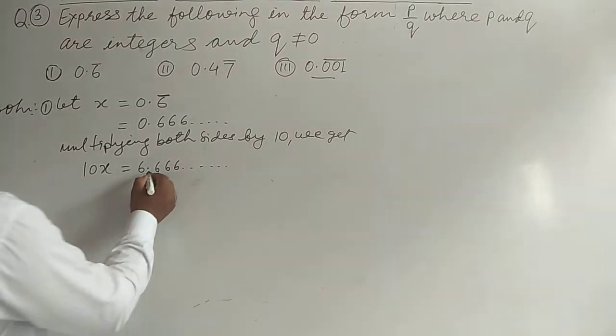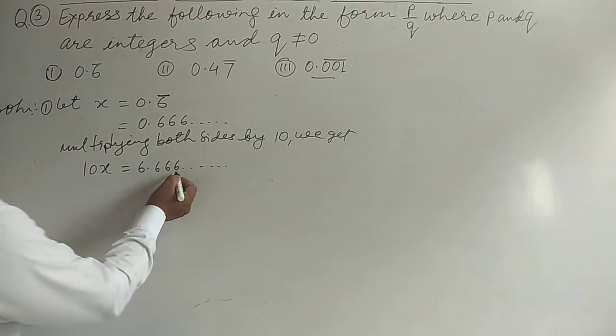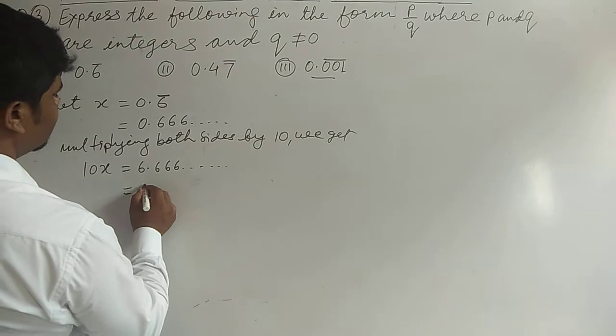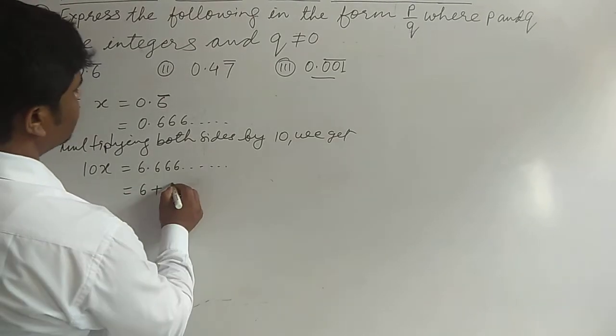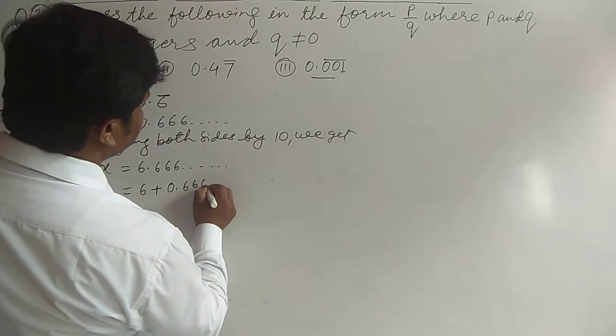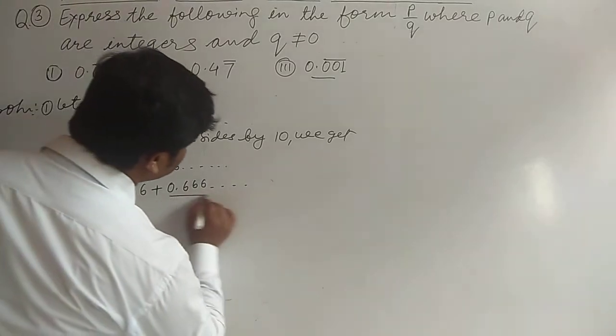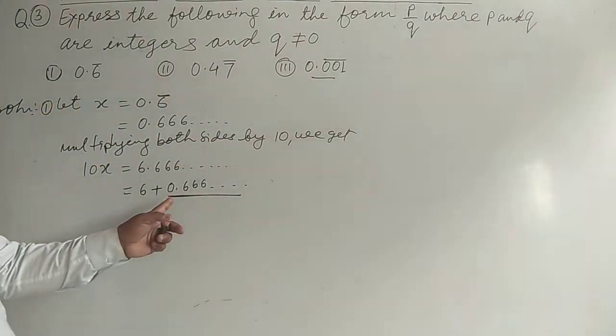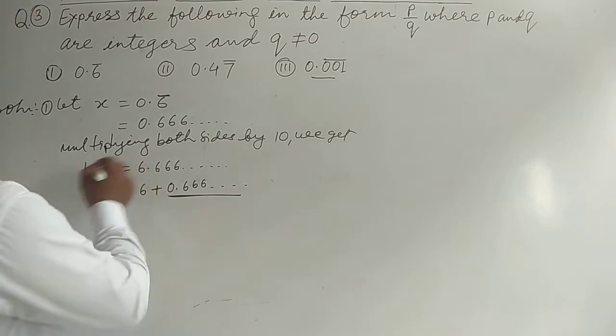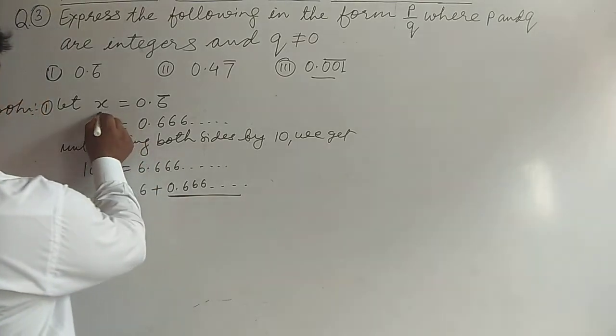And you know this 6.666 we can write as 6 plus 0.666 and so on. And you know the value of this 0.666 is x.